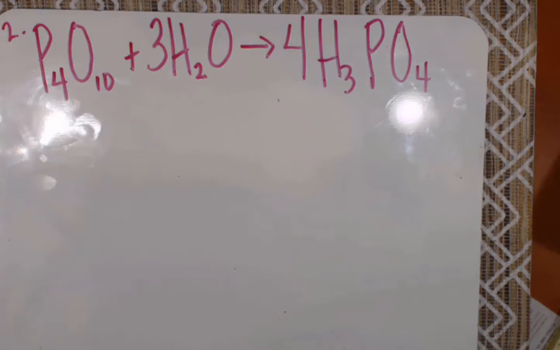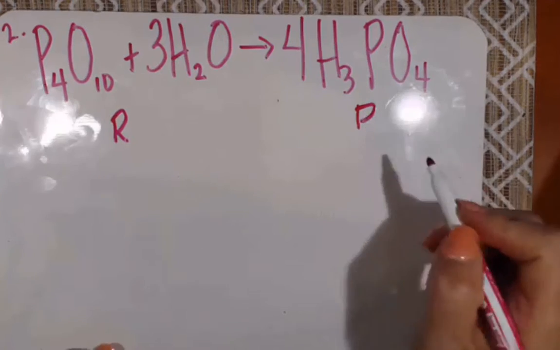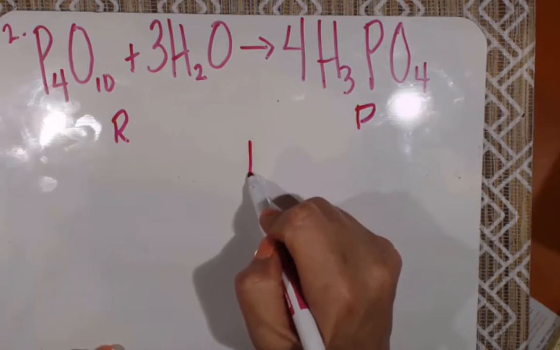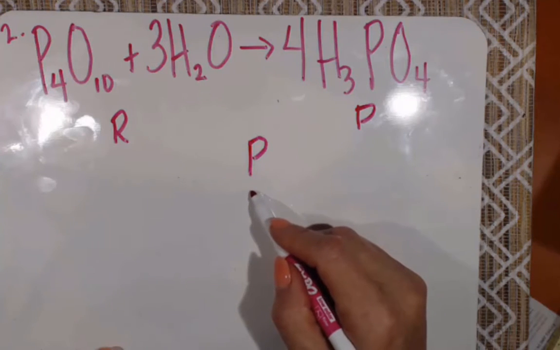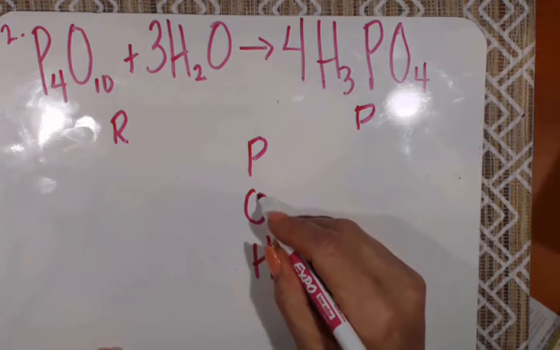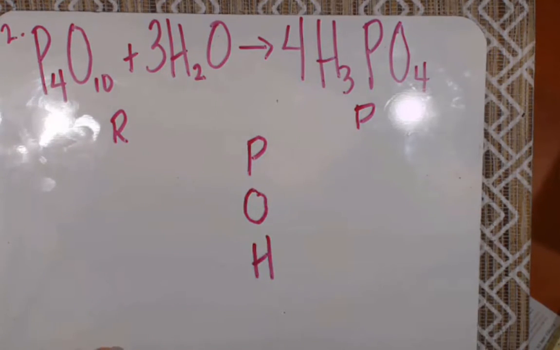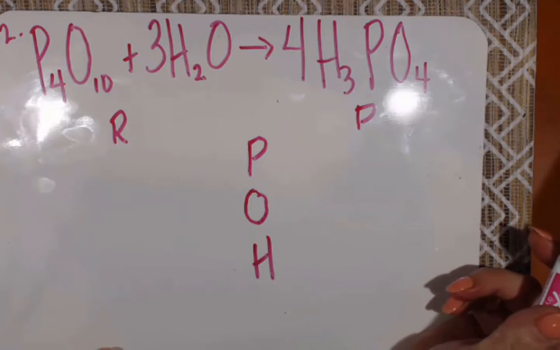Here is our second equation. We're going to do the same thing that we did previously. We've got our reactants, we have our products, and then we are going to put our elements that make up the reactant side. We have P for phosphorus, O for oxygen, H for hydrogen. I'm not going to list that second oxygen because we're going to total it all up since it's the same element.